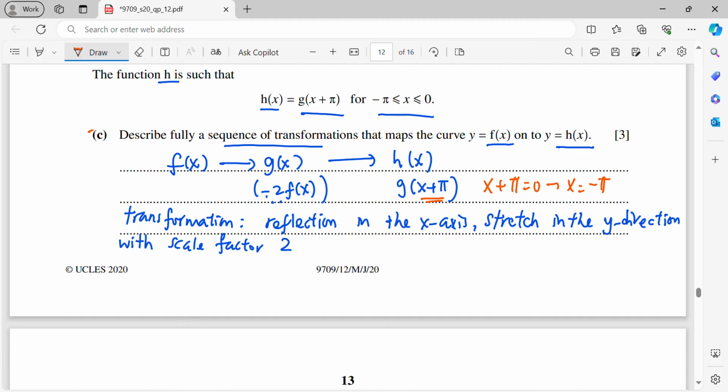That means this is a translation of minus pi units in the x direction. So it will be followed by a translation of minus pi units in x, and then y no change. So that's the transformation from f(x) to h(x).